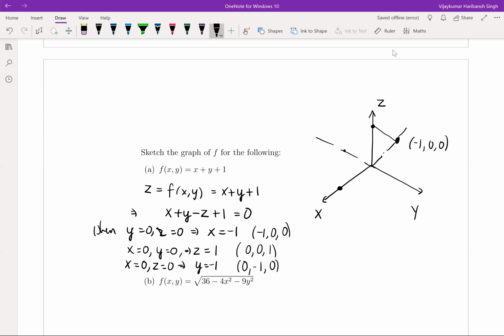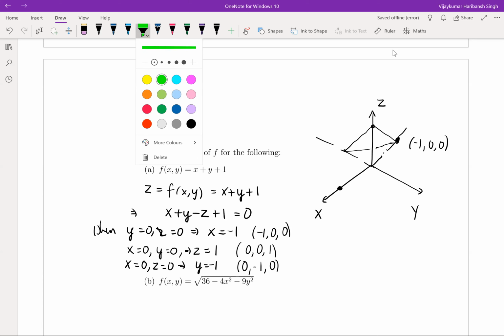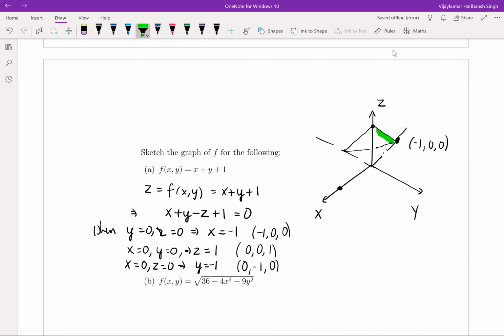These are the 3 points. If you join them, this is how the piece of the plane looks. We are viewing it from the other side of the z-axis. This is the piece of the plane we are looking at, and this is the graph of the function. Of course, I've just drawn the bounded part. It is defined for all of R2, so this plane will go in our direction.